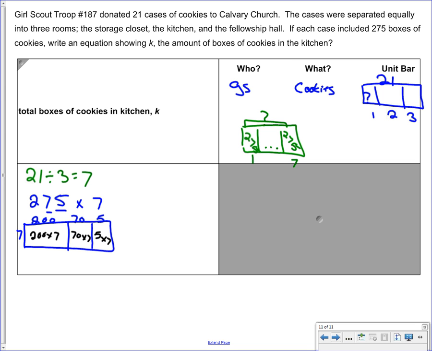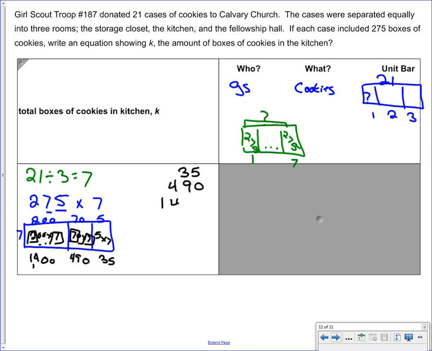Okay, well, 5 times 7 is 35. That's our first amount. 70 times 7, I've got a 7, that means I've got a 49 and a 0. Gives me 490. 200 times 7. I've got 2 and a 7. That gives me 14, 2 zeros.